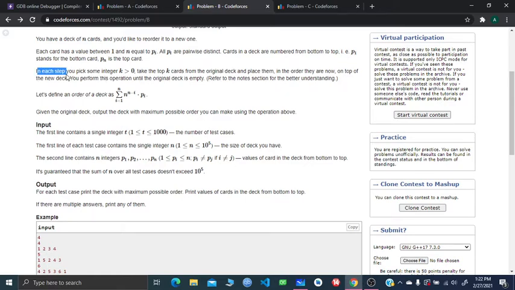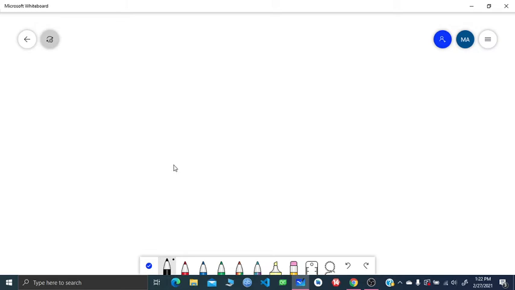How is it going to work? They say that in each step you will pick some integer k which is greater than 0 and take the top k cards from the original deck.